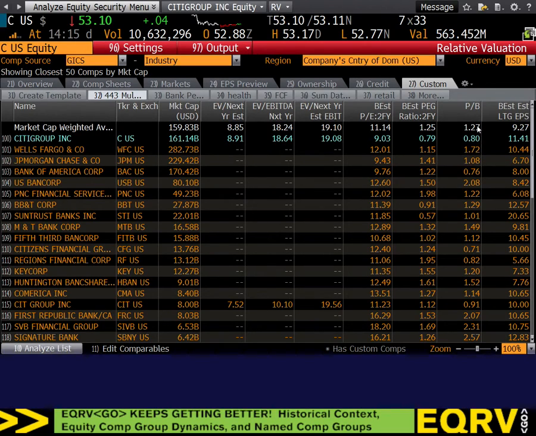Average big U.S. bank, 1.27. What does that tell you about Citi? And what can we say about the U.S. banks? What can we say? U.S. Bank's price to book is 1.27, Citi's 0.8.